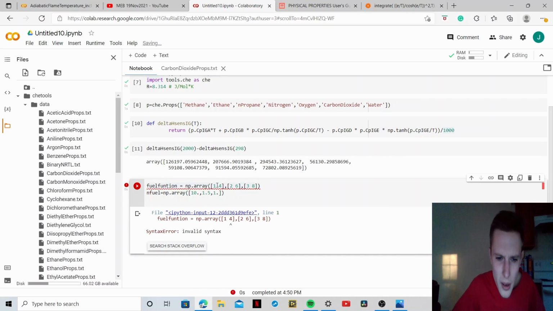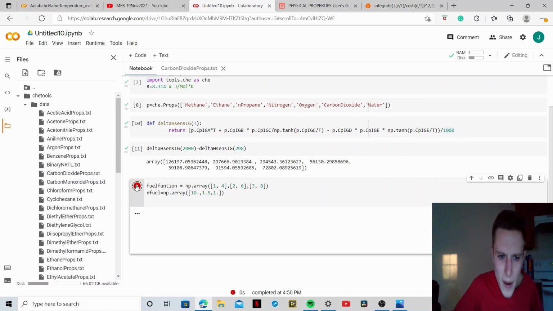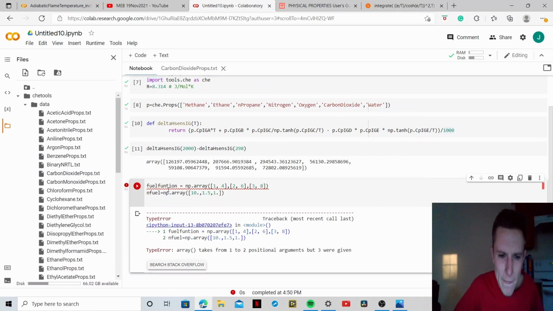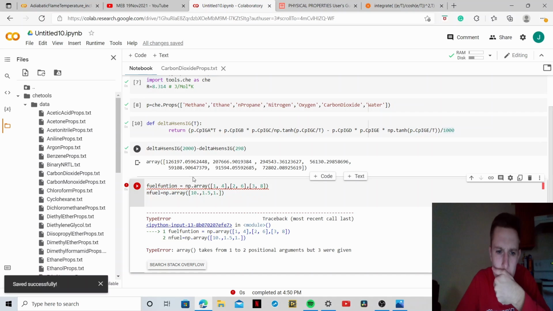There's a problem here. Invalid syntax. So we need to actually have commas in the middle here. All right, now let's run it. There still seems to be a problem here. So fuel function is an array. Okay, so now I think I figured out the problem.